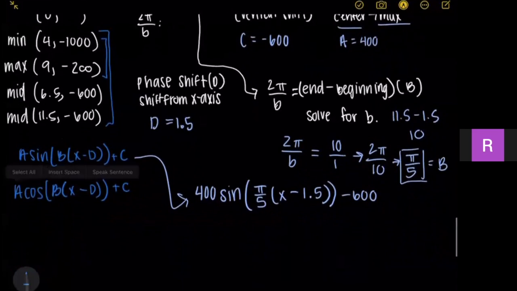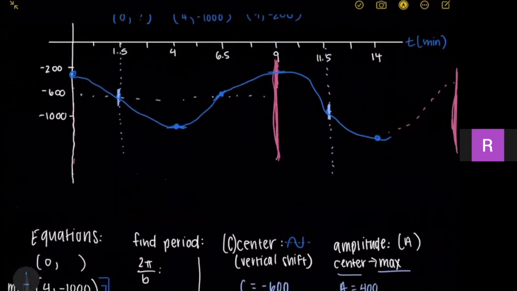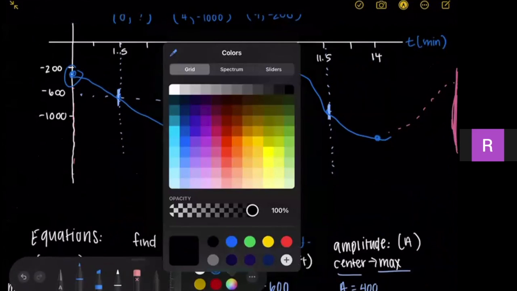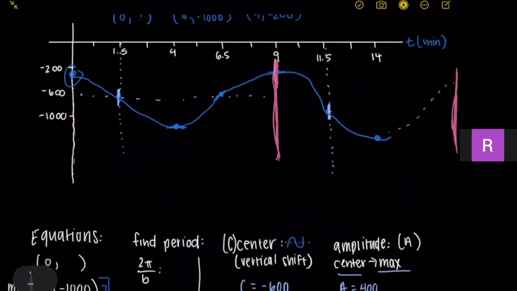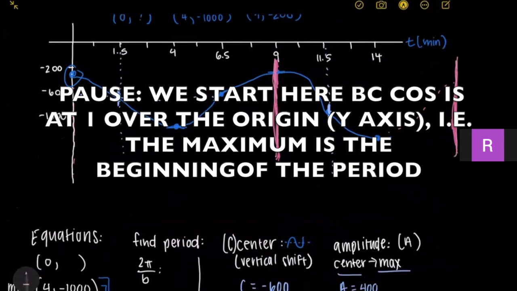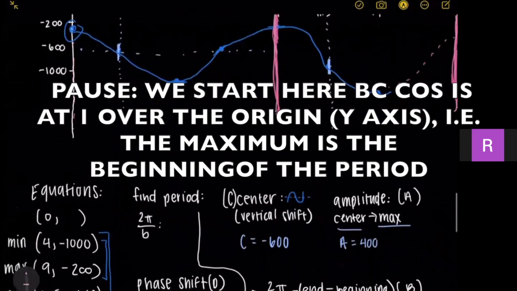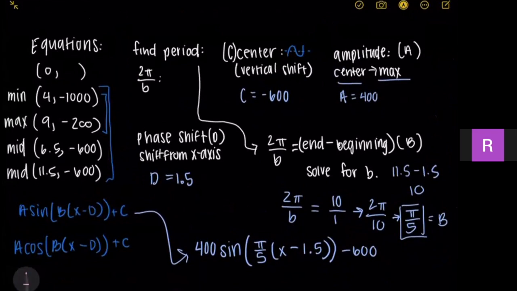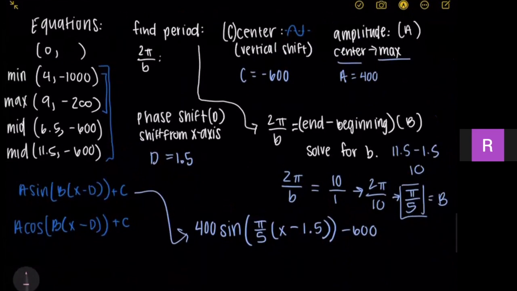So to find the cosine function, we cannot start at 0 because we don't exactly know what the point at 0 is, which we can also find later. Instead, we're going to start at the next point, which is here, this pink line right here, and we're going to go to the next line, which is right here. So we can start at 9 for finding the phase shift. If we go down here, we'll see that the center in the vertical shift is going to be the same. The amplitude will also be the same for the cosine function as it was for the sine function. And then the period B will also be the same.